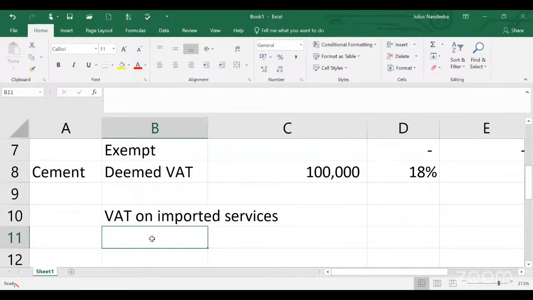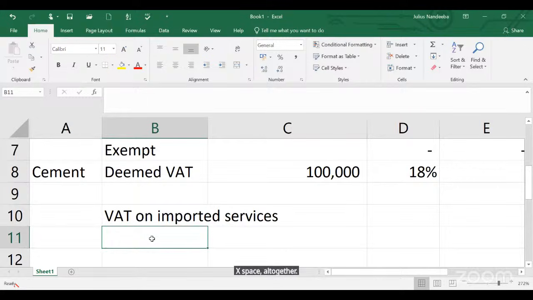Now, that VAT, because you don't have any input on it, is one of the exception VATs that you can claim in your income tax return as part of your expenses. Remember, when you're claiming your income tax expenses, they must be exclusive amounts. So you don't claim VAT in the income tax expenses, but when you incur VAT on imported services, it is a claimable expense altogether.